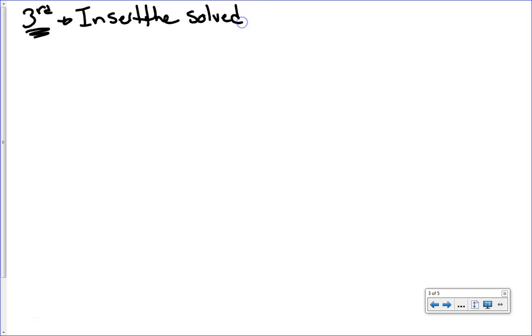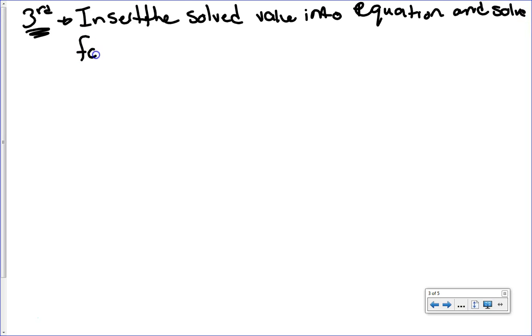So, my third step, same thing as elimination: insert the solved value into either equation and solve for the other variable.